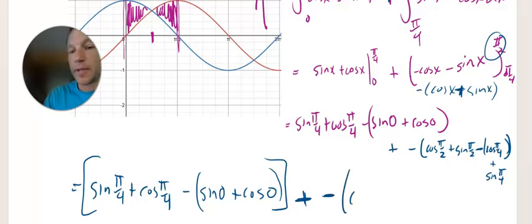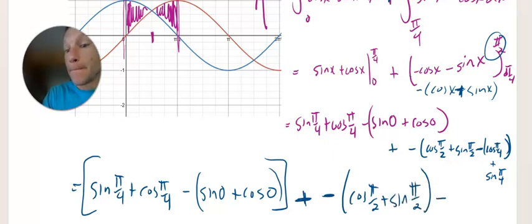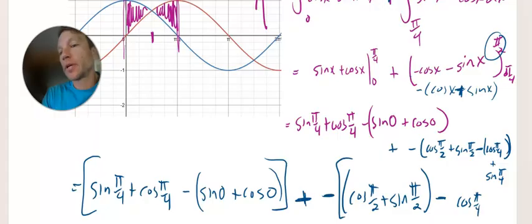But that's the cosine of pi over 2 plus sine pi over 2 minus, from the fundamental theorem, cosine pi over 4 plus sine pi over 4. And that looks, well, a little bit better. It's kind of messy, but looks a little bit better.